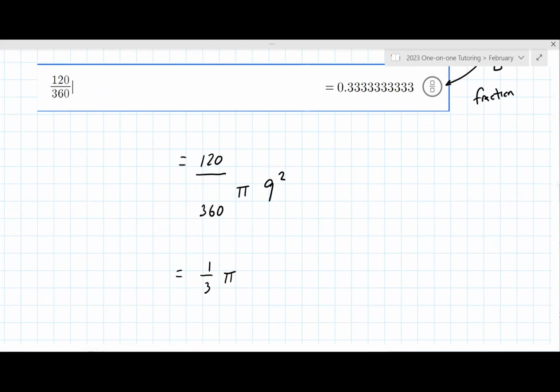9 to the power of 2, that's 0.9. Try again. You can use that calculator if you need to.